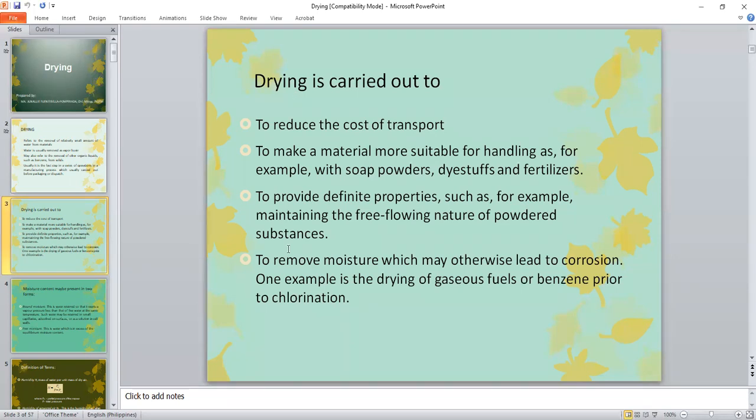If your substance contains more moisture than it should, it will not be as free-flowing as when it has only enough moisture. Also, it's used to remove moisture which may otherwise lead to corrosion. One example is the drying of gaseous fuels or benzene prior to its chlorination.